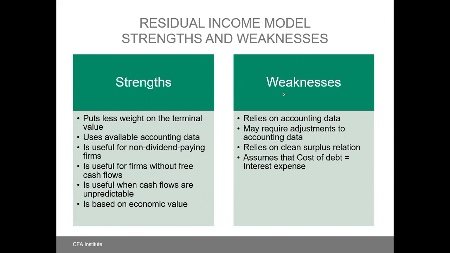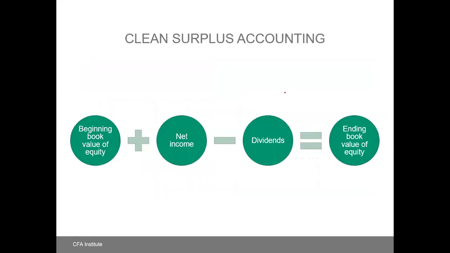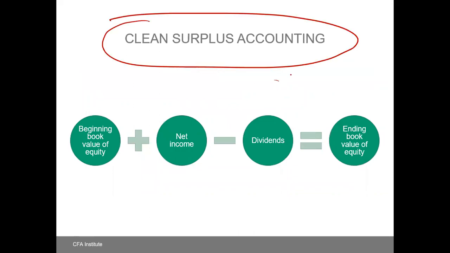But one thing we would like to end with is that residual income is not appropriate if the firm does not have clean surplus accounting. What does it mean? Can you recall that we discussed clean surplus and dirty surplus in one of our earlier classes? You know that beginning book value of equity plus earnings per share, less dividend, should give you the ending book value.